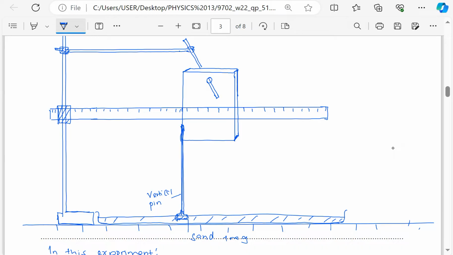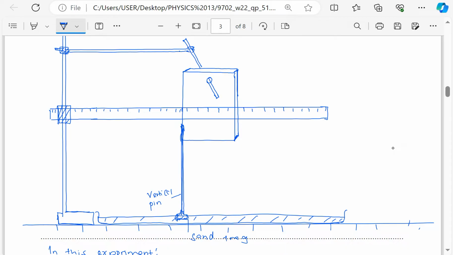So I need a pin which is aligned with one edge, so that I can always displace from the same point, so that I may ensure that S naught remains constant.